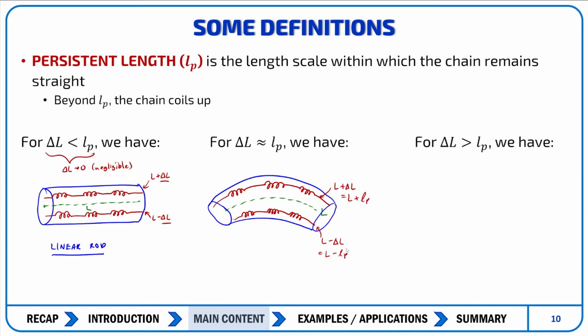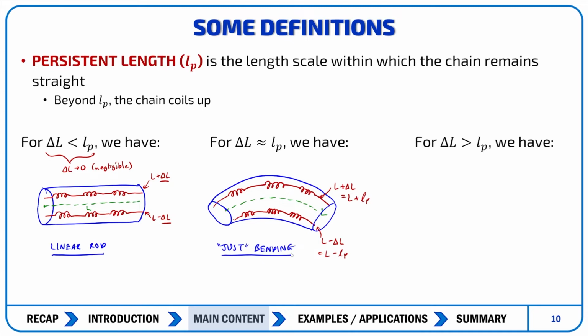What this means is we've just breached the threshold. We know that the length is small anyways, and so if you are extending the top and compressing the bottom by a persistent length value, it means that your little segment over here has just started to bend. So this is called the just bending model, which marks the transition between a linear system and a fully bent coil-like system.